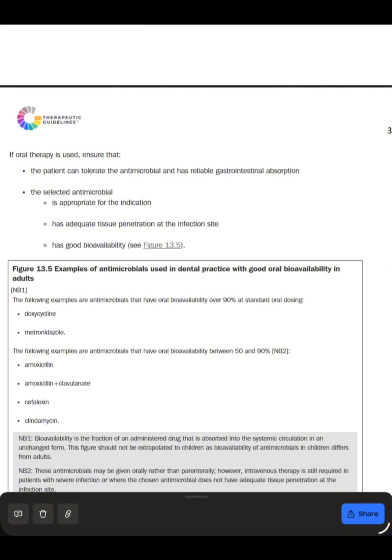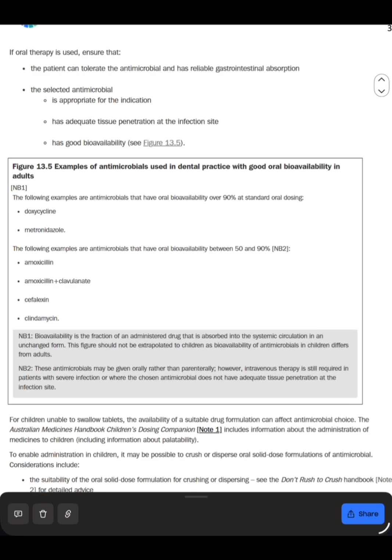Now, there is a box I'm going to read which says examples of antimicrobials used in dental practice with good oral bioavailability in adults. So, what is bioavailability? Bioavailability is the fraction of an administered drug that is absorbed into systemic circulation in an unchanged form.